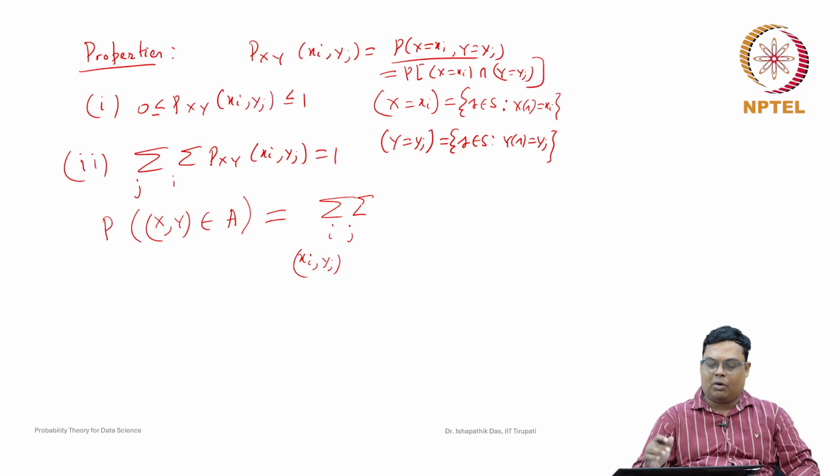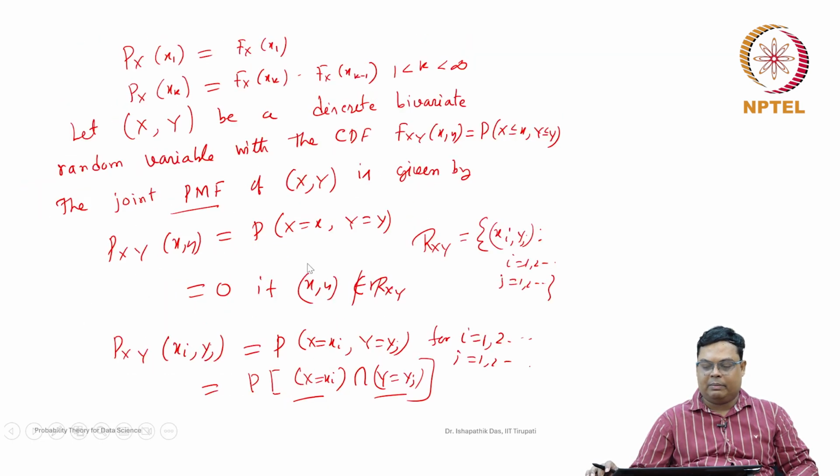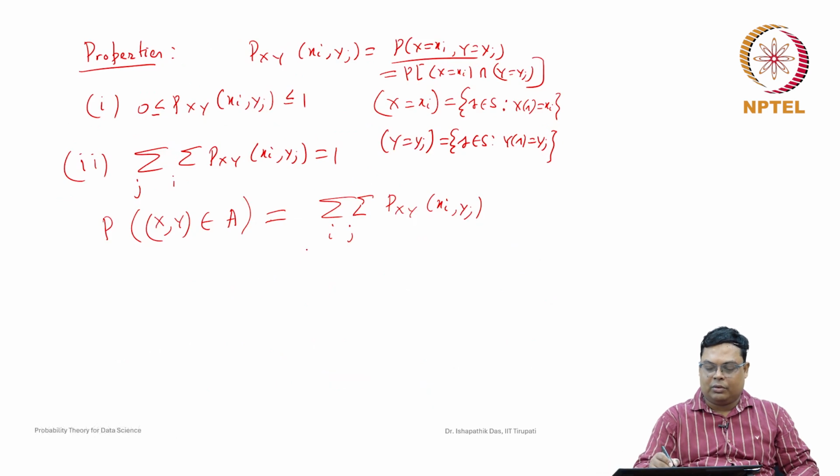So, this is nothing but all possible values of x_i and y_j such that the pair is inside A. So, this is the sum of P_XY(x_i, y_j) over all (x_i, y_j) belonging to A. The notation is a little different: x_i and y_j should belong to the range of A.